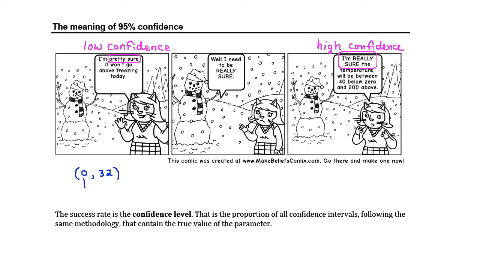This actually could be any lower bound. And when she makes the statement again with high confidence, we see that that interval goes from negative 40 to positive 200. So this is a much wider interval.